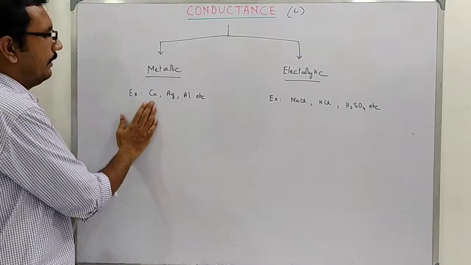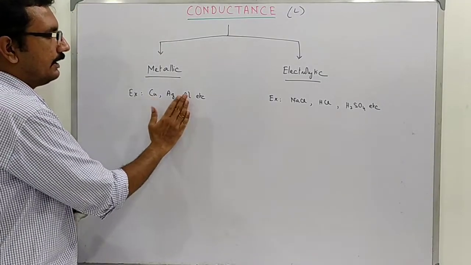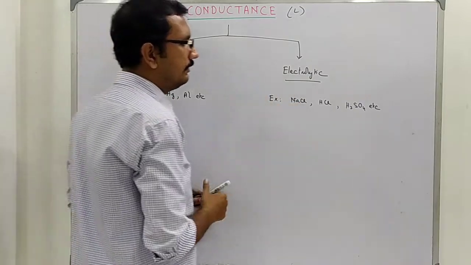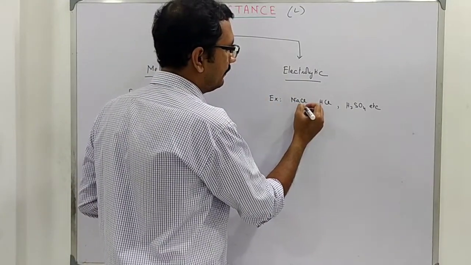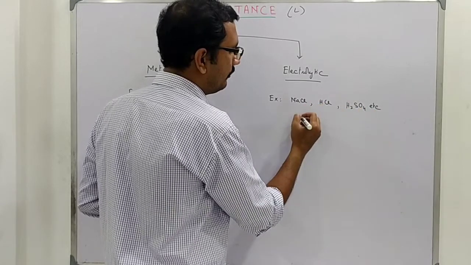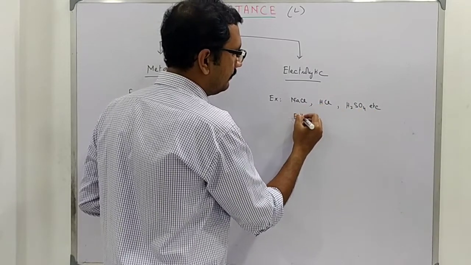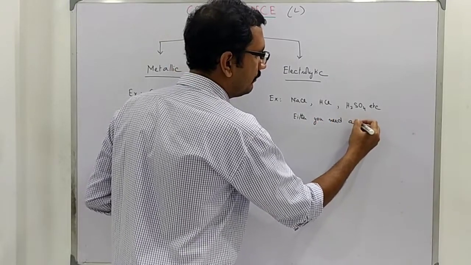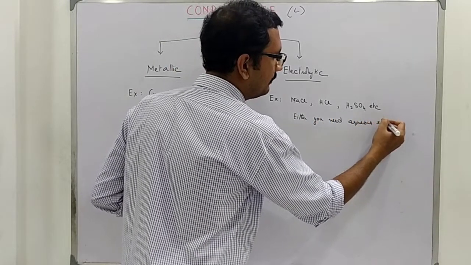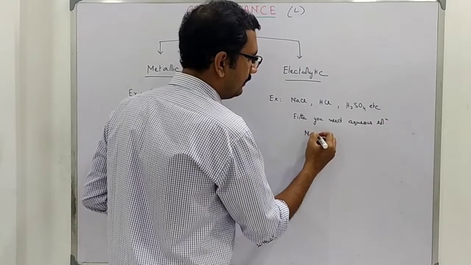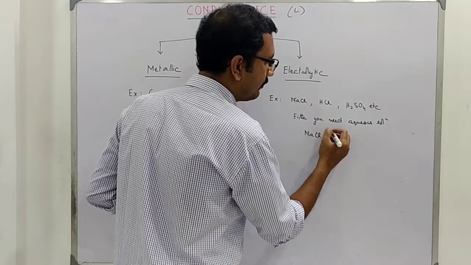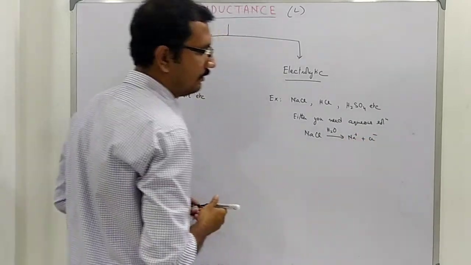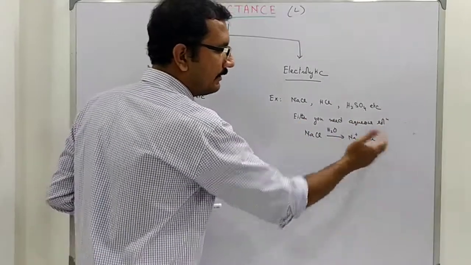now here it can conduct electricity in the solid state, but for NaCl, HCl and H2SO4 either you need an aqueous solution so that NaCl ionizes in the presence of water to give you ions, cations and anions, Na plus and Cl minus.